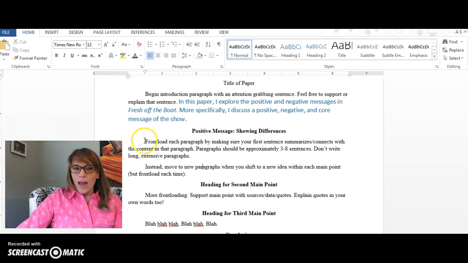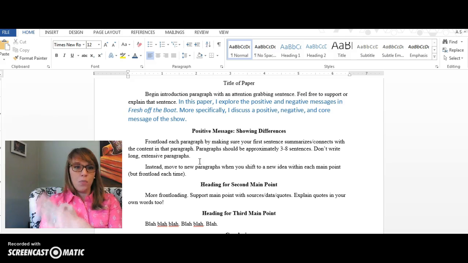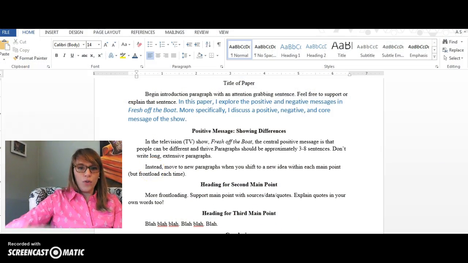So every paragraph that I write, the first sentence of the paragraph should kind of summarize and connect all the dots of that paragraph. So if my first main point is about the positive message of how Fresh Off the Boat shows differences of culture, then my first sentence of the paragraph might be, in the television show Fresh Off the Boat, the central positive message is that people can be different and thrive.